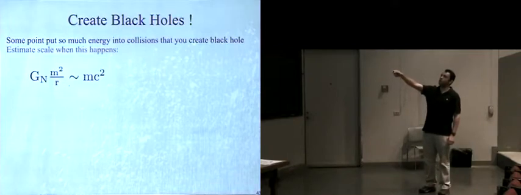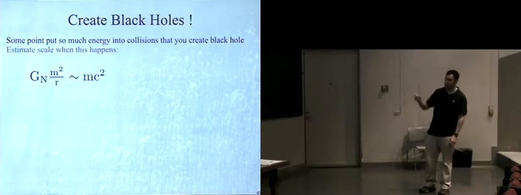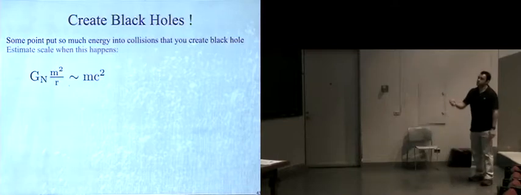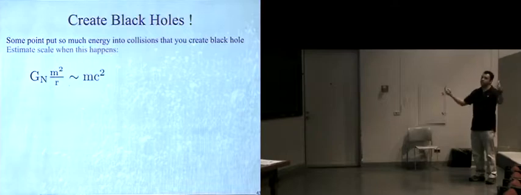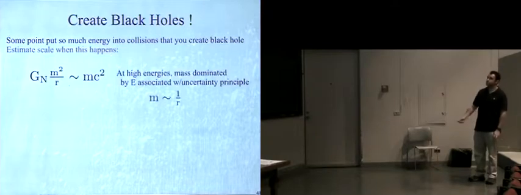You make a black hole when the amount of gravitational energy is roughly equal to the kinetic energy that something moving at the speed of light would have. This is how you would estimate the planetary size black hole.